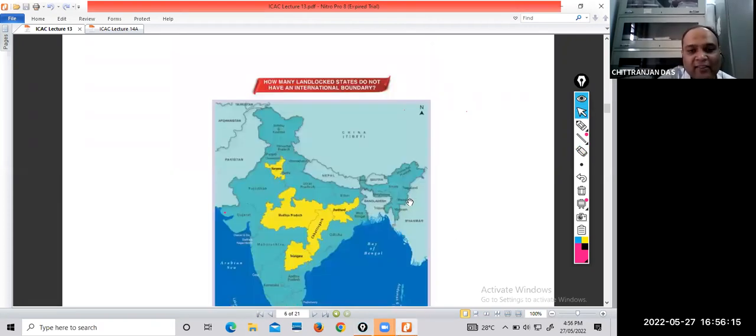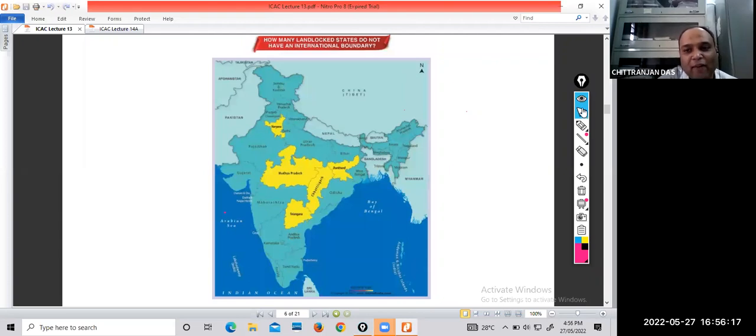And the rest of the details, states and all, you know. Now this is a very interesting map, which I wanted to show. The states highlighted in yellow do not share any land boundary with any neighboring country, and they don't have any access to the coastline.